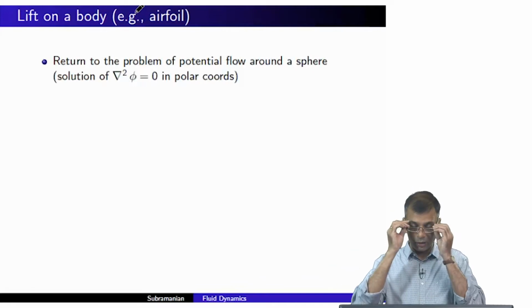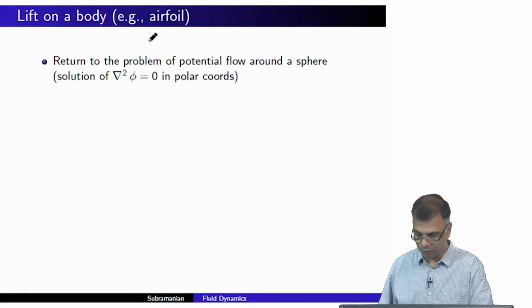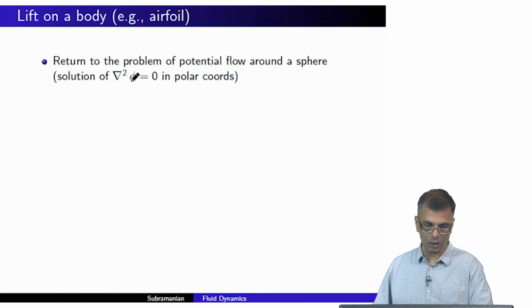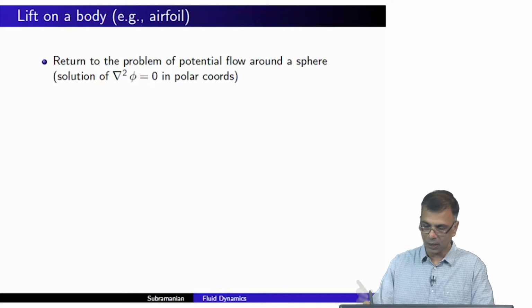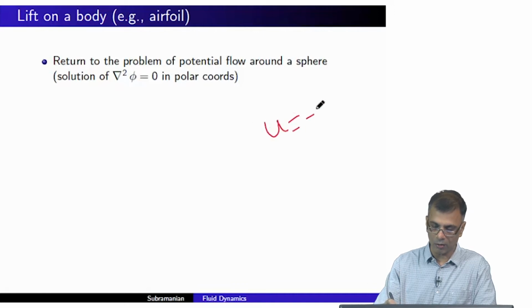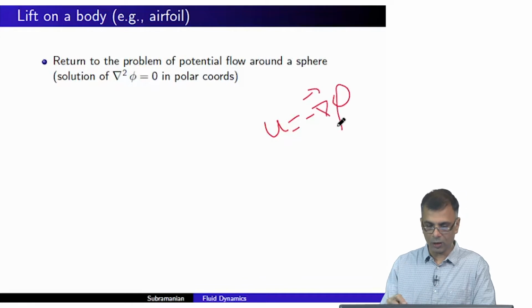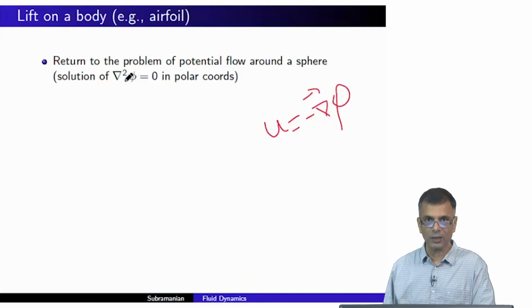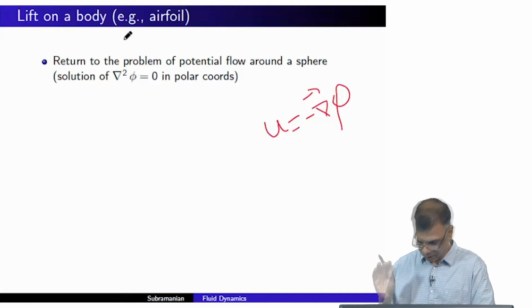Remember, essentially we had said that the problem of potential flow is a solution of del squared phi equals 0, the Laplacian, where essentially u, the velocity, would be equal to the gradient of phi. In other words, this phi is really the velocity potential.